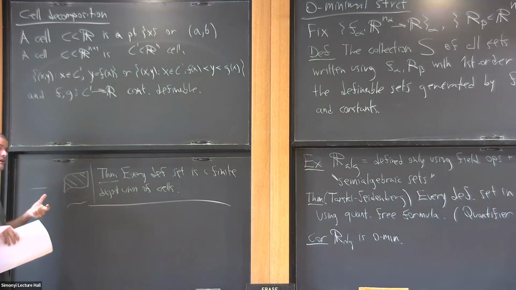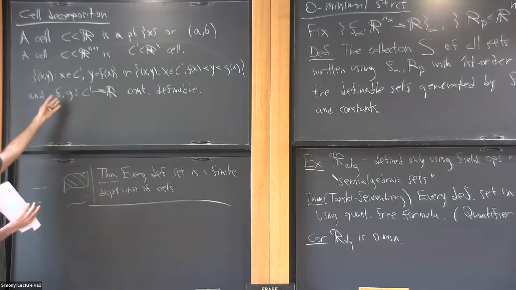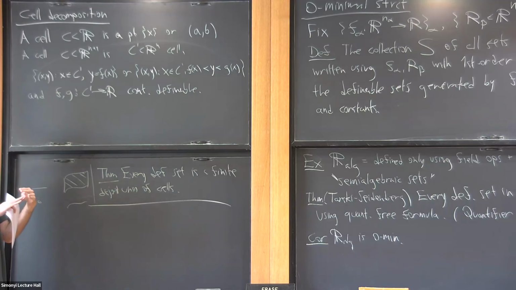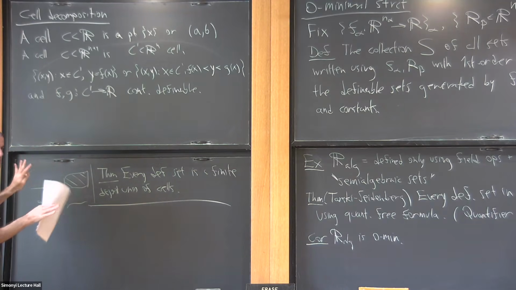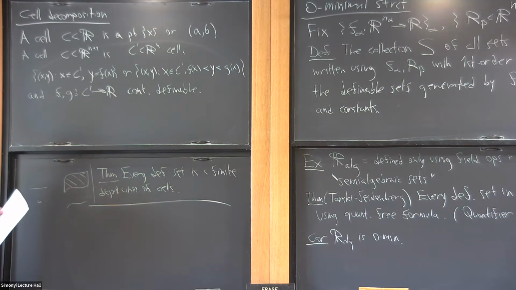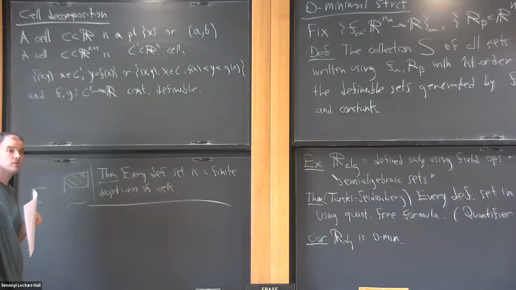And when you try to triangulate, you want to find simplices, and the cells basically look like squares. So they kind of look like simplices already, but you do need to make sure that they glue nicely along the boundary. So just this definition that I gave you wouldn't do it, because you don't know what happens at the boundary. There is some process where you can refine the cells in such a way that they will glue nicely, at least continuously at the boundary. But it becomes a more involved question. I'm sorry, but any structure which satisfies the cell decomposition would automatically be o-minimal.